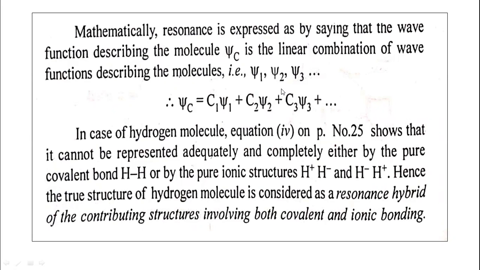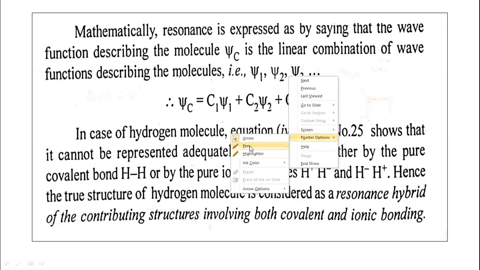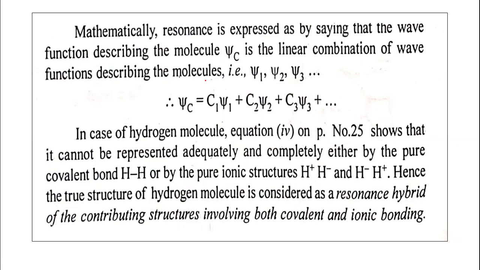For the hydrogen molecule, we can represent the equation like this. So the total psi, or psi c, is equal to C1 into psi 1 plus C2 into psi 2 plus C3 into psi 3.